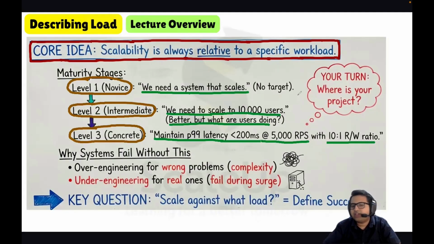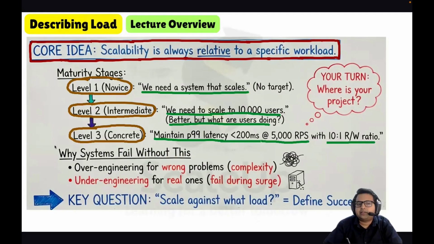The operations involve a 10:1 read-write ratio, the speed is 5,000 requests per second, and we want a latency of less than 200 milliseconds. So it's very clear that whenever we talk about scalability, we have to be very concrete. Scalability should be measurable. In this lecture, you will learn how to measure scalability, because load is the key: describing the load.